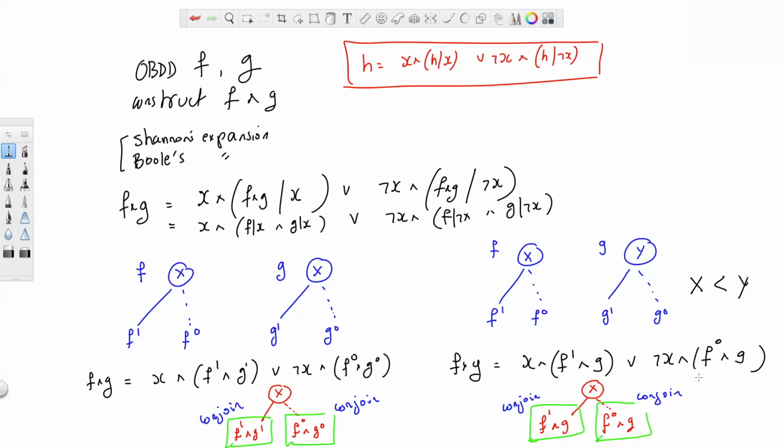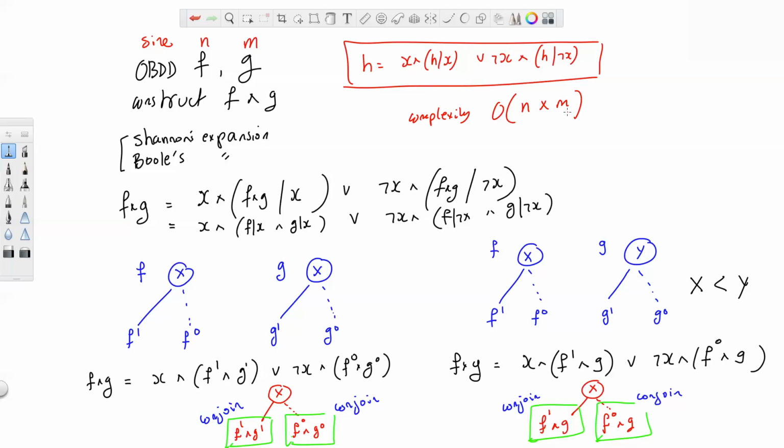if your first OBDD had size n, so let's put size here, this is n and this is m. That is the number of nodes in each. In an OBDD, we measure the size by the number of nodes. The claim is the complexity of this can be made, if you just do what I did, it's not going to be that, but can be made big O N M. So you can actually have a version of this algorithm that has quadratic complexity, big O N times M. Now, there is a secret for doing this.